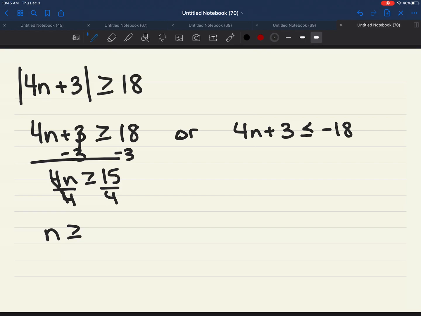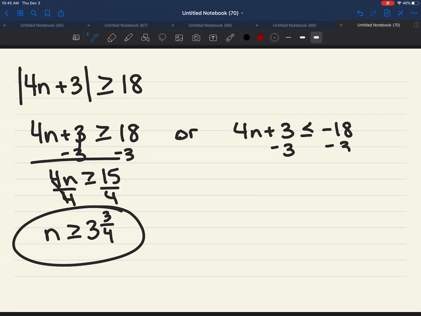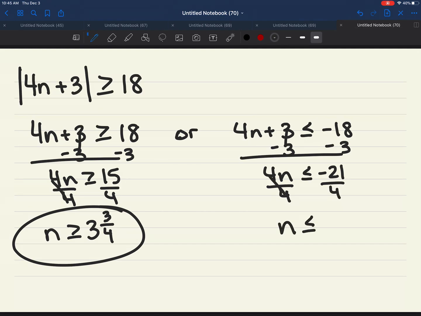Mixed number, please. 3 and 3/4. Good. Minus 3. Negative 21. Divided by 4. Yeah, 5 and 1/4.